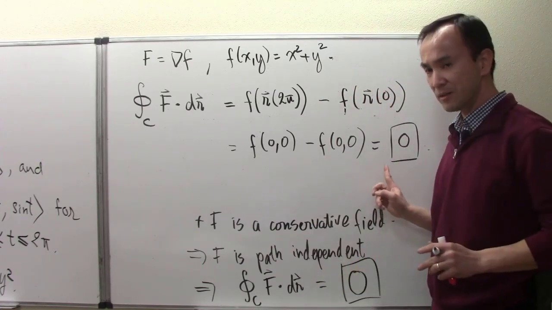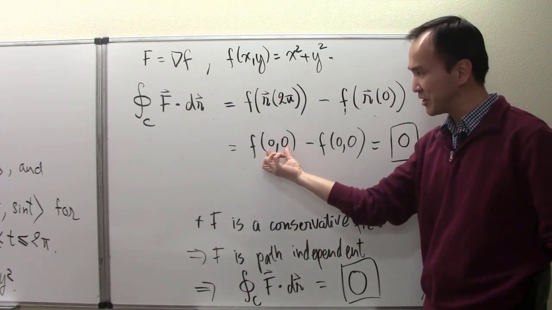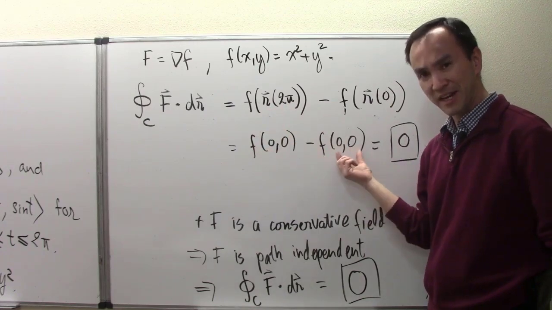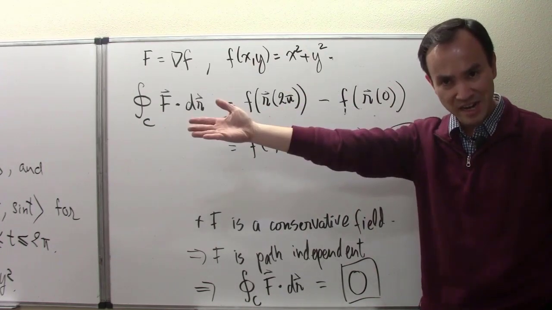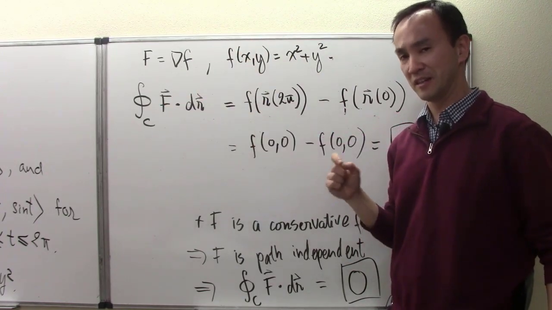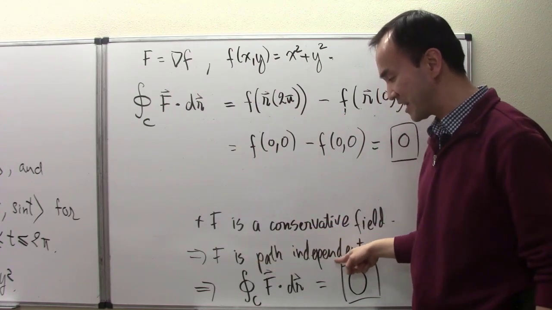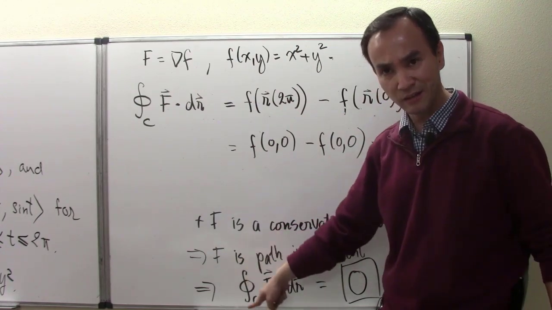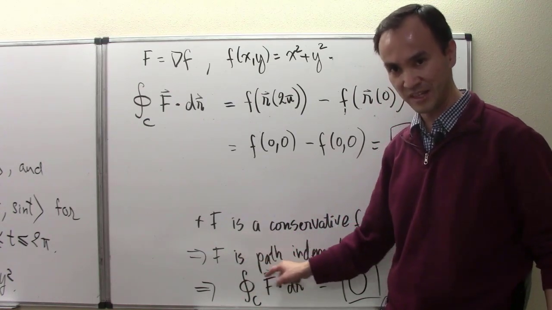Now in this problem, the answer came out 0 not only because substituting 0, 0 into the function gives 0 minus another 0. It's not simply that. Even if I give another vector field known to be a conservative field, then consequently it's going to be path independent, and so calculating the line integral along any closed curve, the answer is going to be 0.